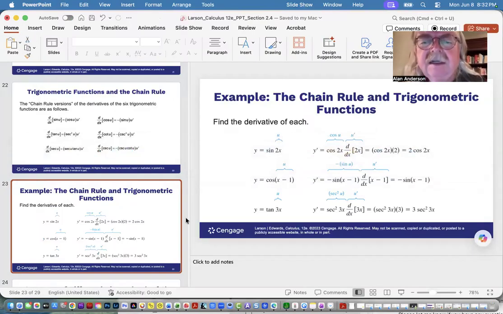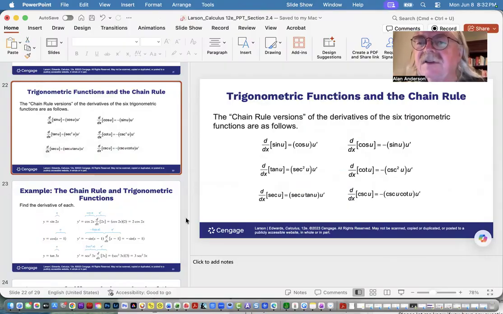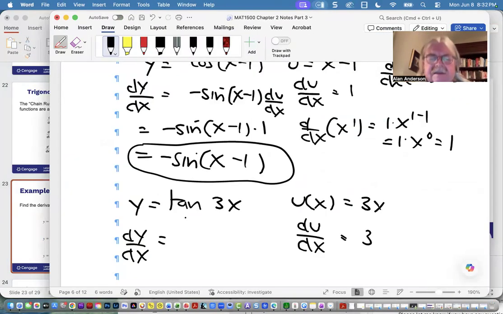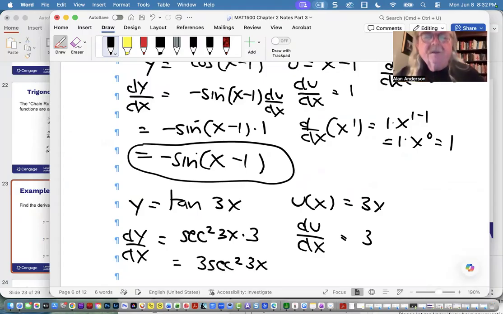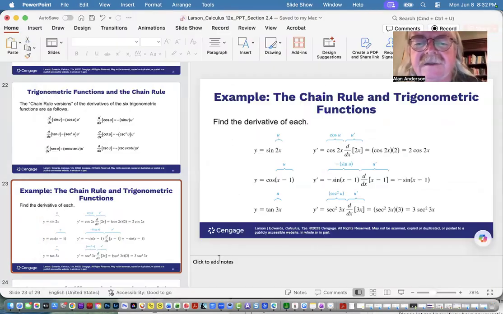The derivative of the tangent is the secant squared. It's 3 secant squared 3x. Okay.